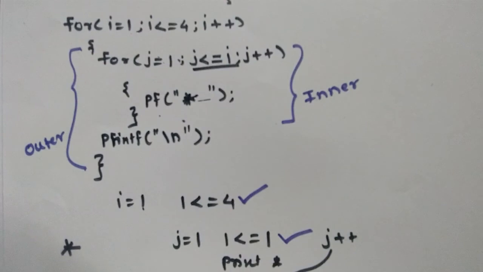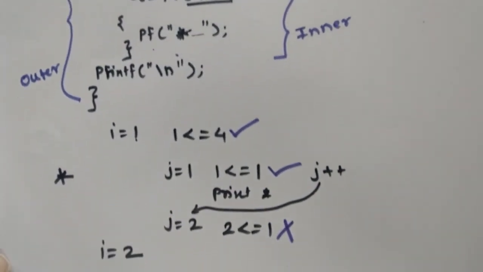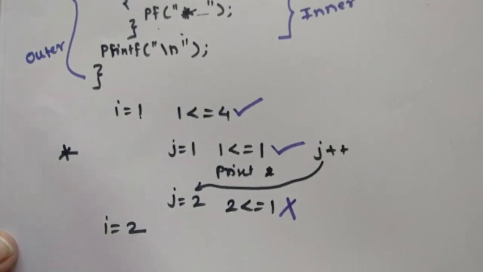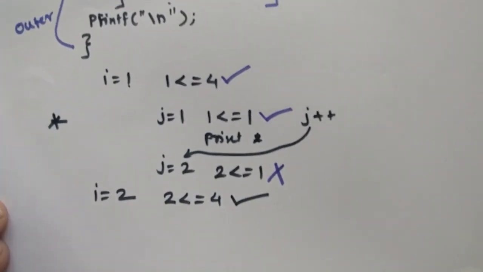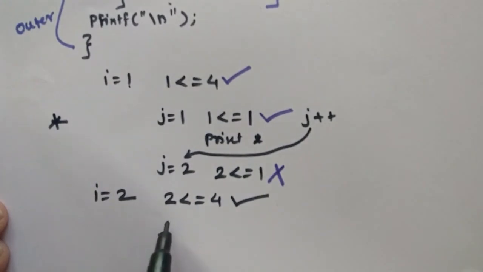So now I equals to 2. For this, now we will execute. Again check 2 is less than equals to 4. Yes, it is correct. So we restart the inner loop and check j equals to 1. 1 is less than equals to 1.